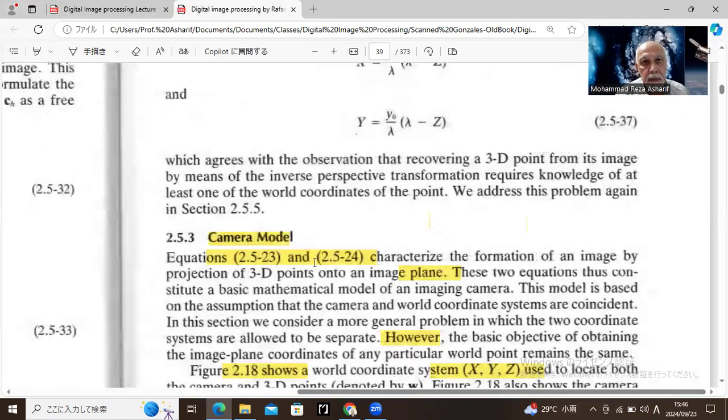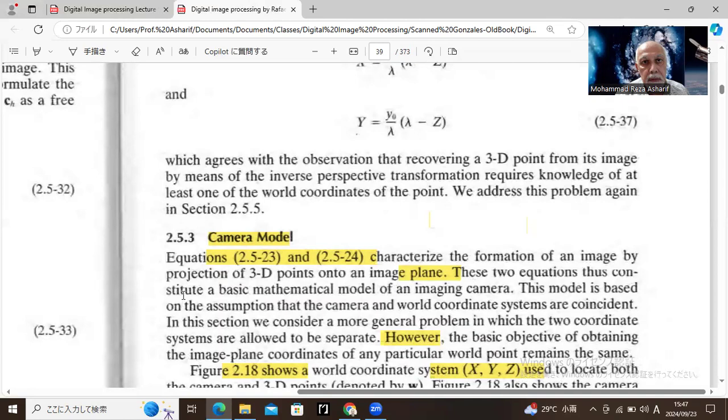Equations 23 and 24 characterize the formation of an image by projection of three-dimensional points onto the image plane. In this case, we think that the image plane coordinate and the world coordinate are separate.